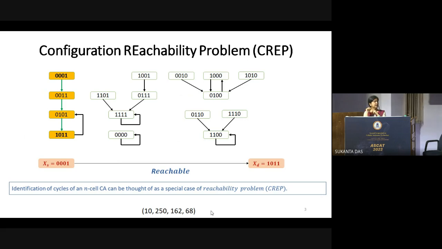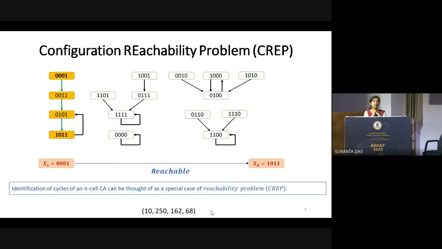Now, this CRAPE problem can also be connected with cycle identification. How? Because if the source configuration and destination configuration are the same, then we can say the corresponding configuration is in a cycle. In this example, you can see the configuration space of the corresponding CA is represented by the configuration transition diagram.